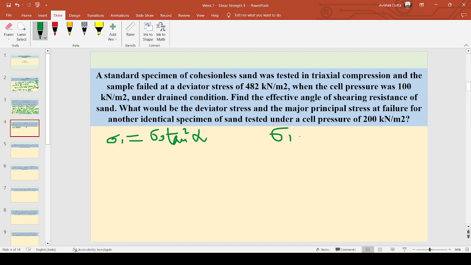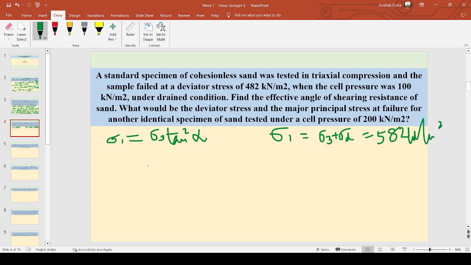Also, sigma 1 equals sigma 3 plus sigma D. Sigma D is 482, sigma 3 is 100, so we get a value of 582 kilonewton per meter square.